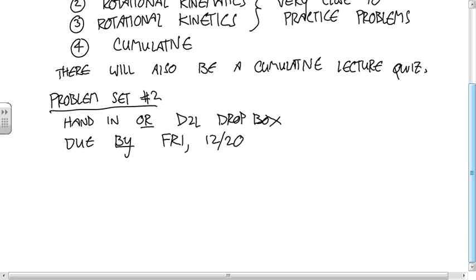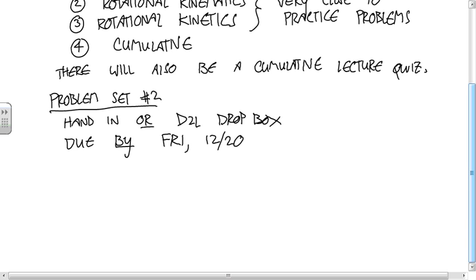And then I would appreciate it if you would look on D2L over the next couple days and just look at your problem set 1 grade and make sure that there's a grade there if there's supposed to be a grade there. So we can get that fixed. All right, and I think you should be able to see your total grade.